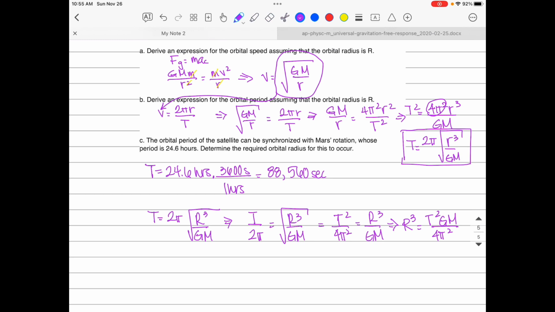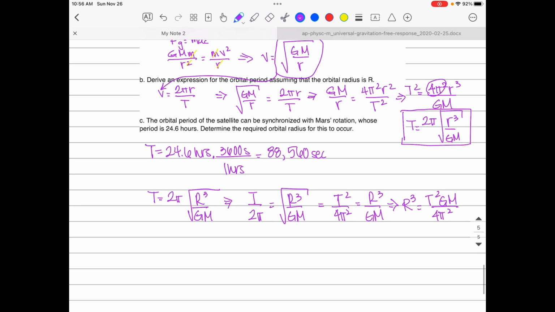And then from there, it's just a matter of plugging in values. My r is going to equal the cube root of T squared times G times the mass of the planet, over 4 pi squared.